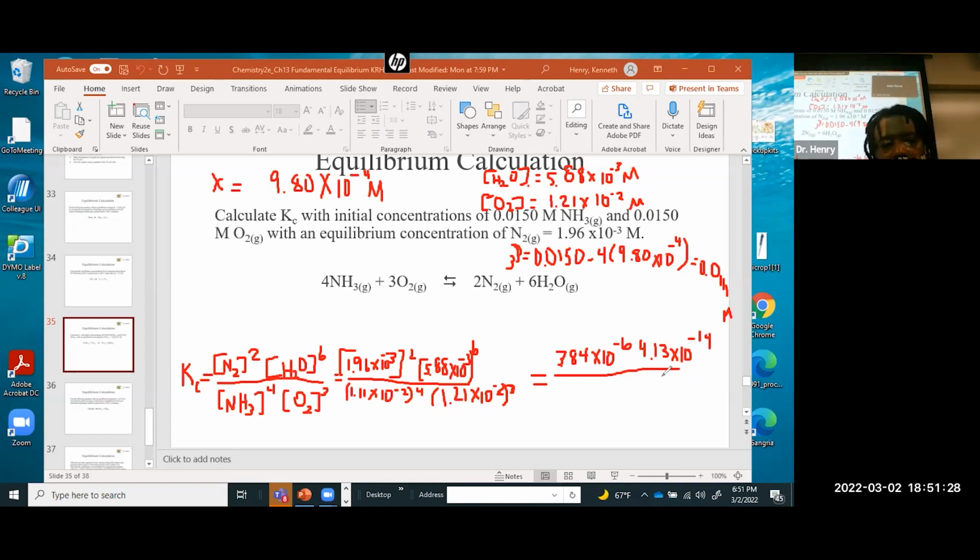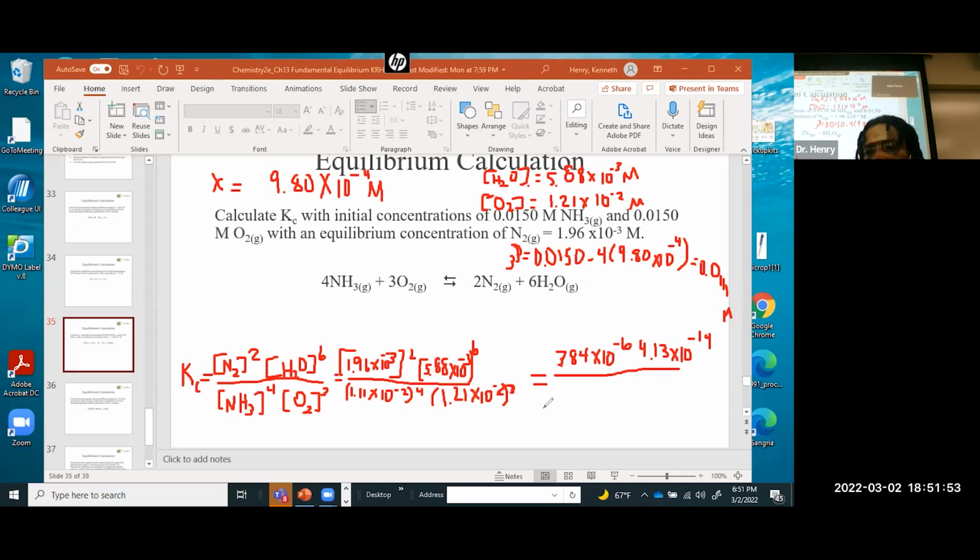Divided by 1.11 to the minus 2 power, and that's going to be to the fourth power.